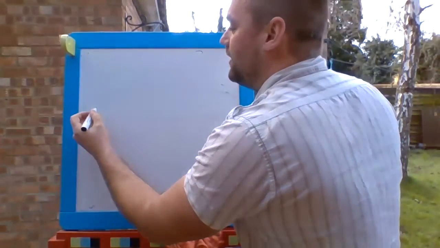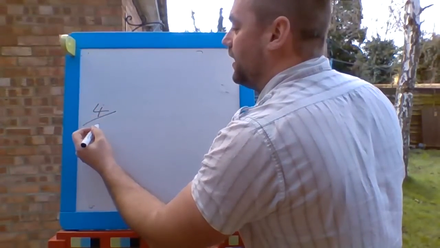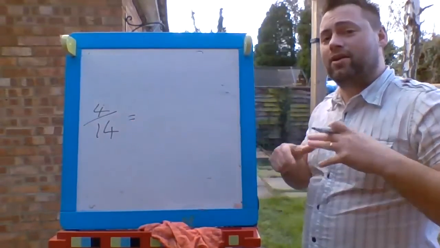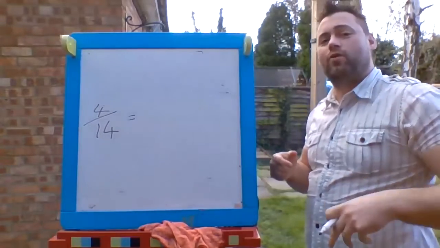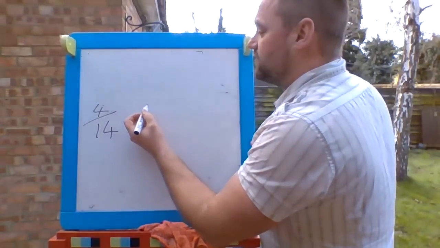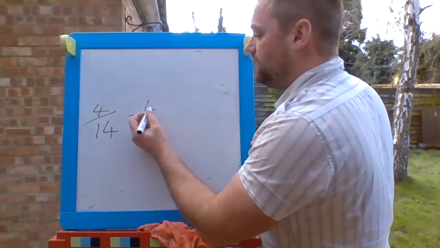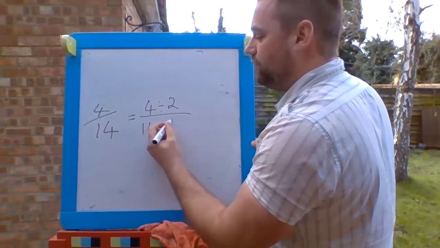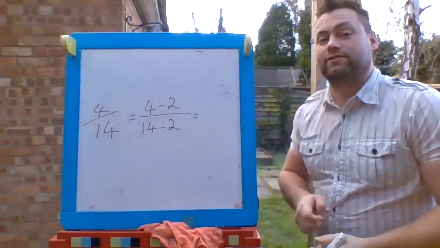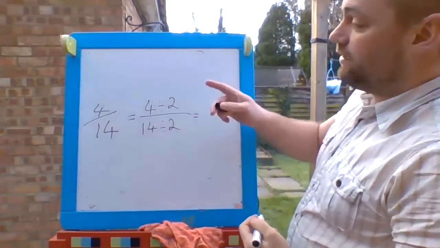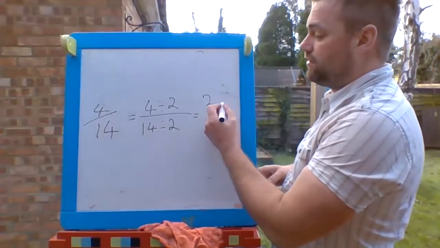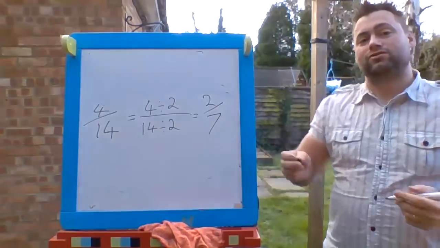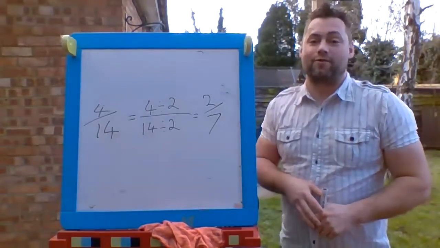But I could have 4/14. What number can I divide into both 4 and 14? The answer is 2. So if I do 4 divided by 2 and then 14 divided by 2, that will give me the equivalent fraction for 4/14. 4 divided by 2 is 2, and 14 divided by 2 is equal to 7. So 2/7 is the same as 4/14.